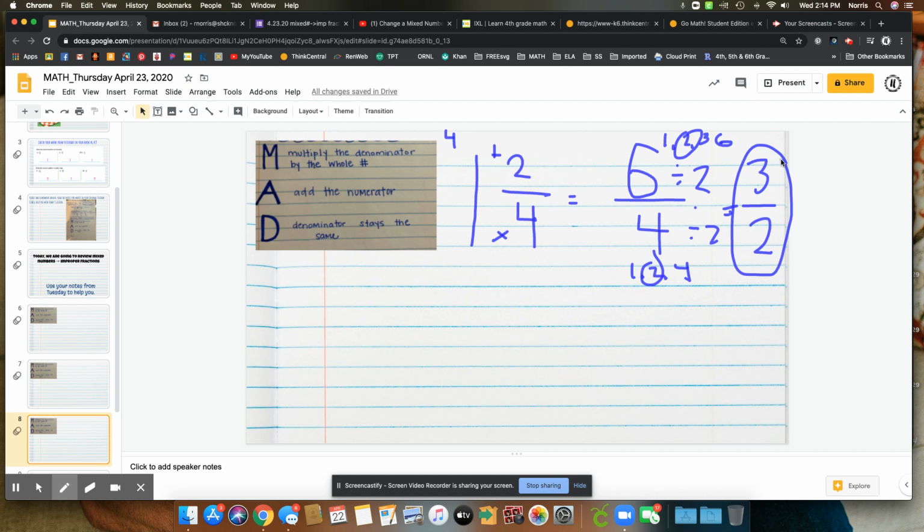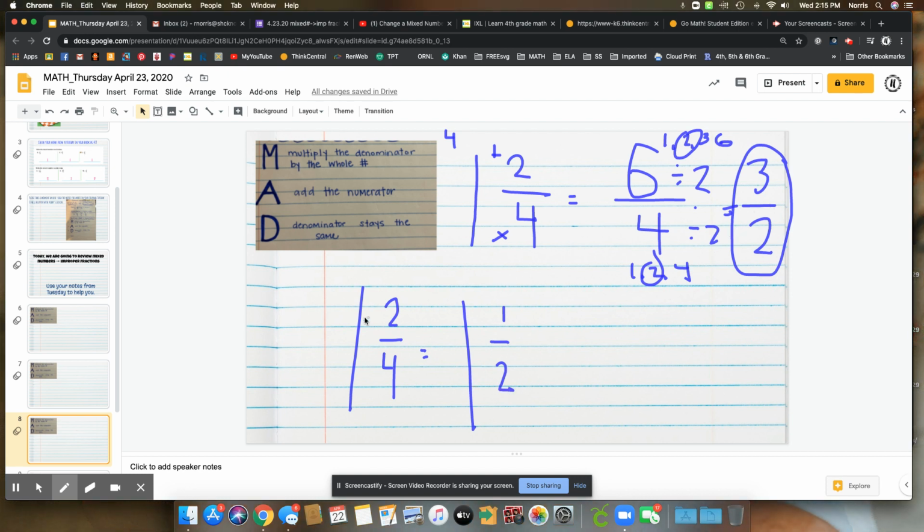But here's something, what you would want to do instead of simplifying at this stage is you would want to simplify from the beginning. So if you know that 2/4 is 1/2, you would want to say, okay, well, I'm going to make 1 and 1/2 an improper fraction instead of 1 and 2/4 and then having to simplify over here. Okay, so if you simplify first, it makes it a lot easier because then you have 2 times 1 is 2 plus 1 is 3 over 2.